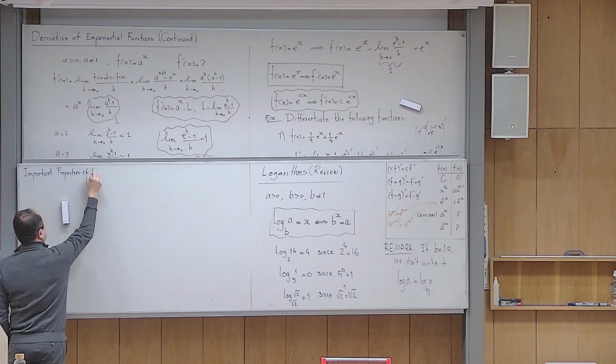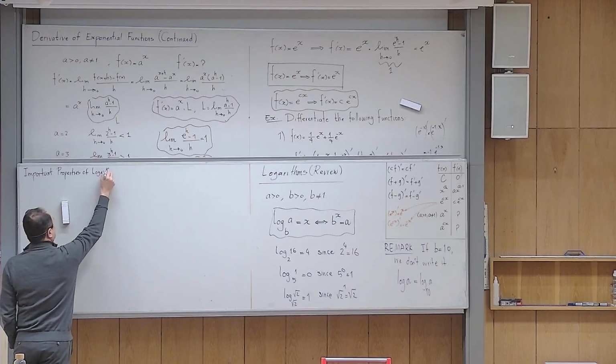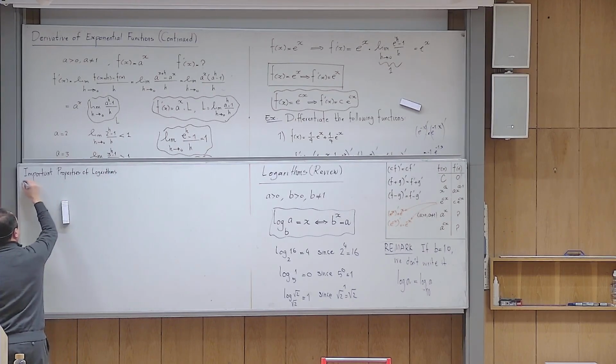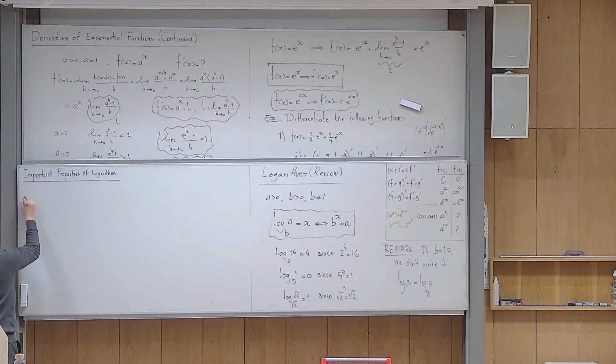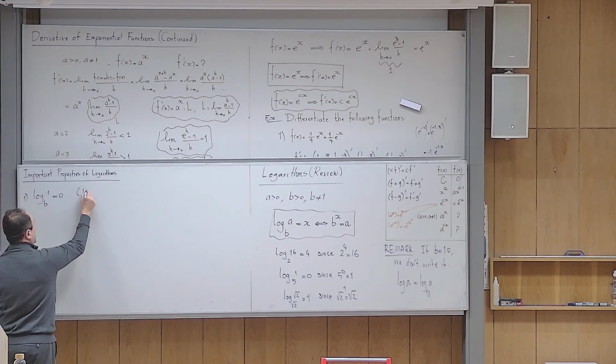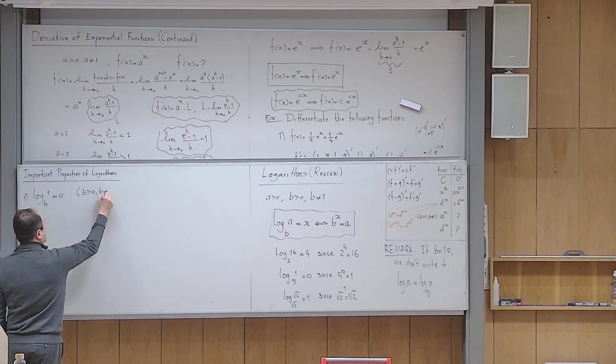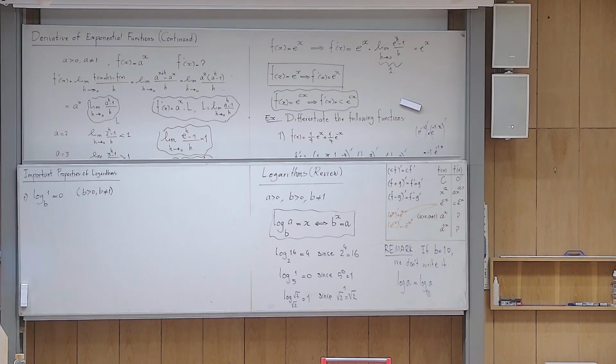Number one: the logarithm of 1 in any base b is what? It is 0. Of course, b should be positive and not equal to 1, because otherwise this is not defined. So the logarithm of 1 to any base is 0, because b to the power 0 is 1.